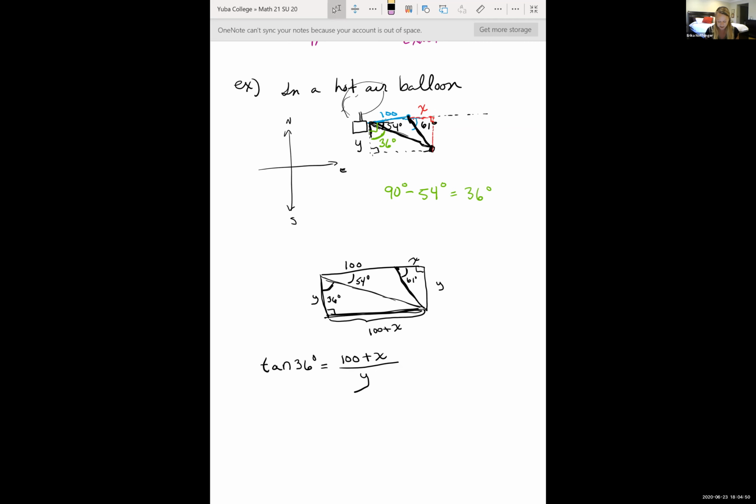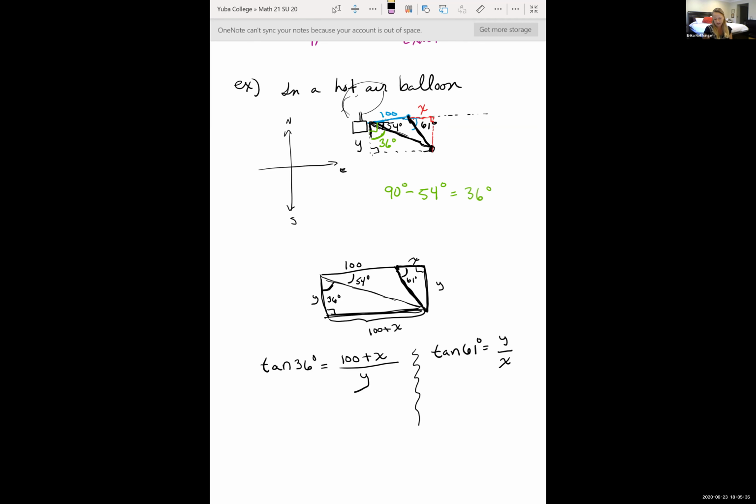So we have another equation here. We have this other triangle in here, and we have X right here and Y right here. Looking from 61 degrees, we have the opposite and the adjacent, so again we're going to use tangent. Tangent of 61 degrees is equal to the opposite, which is Y, over the adjacent, X. So basically, we have two separate equations and two unknowns.